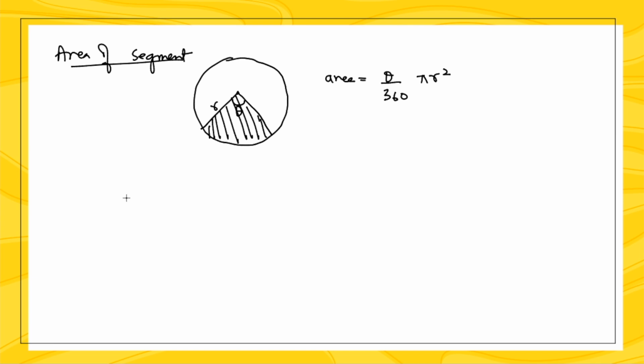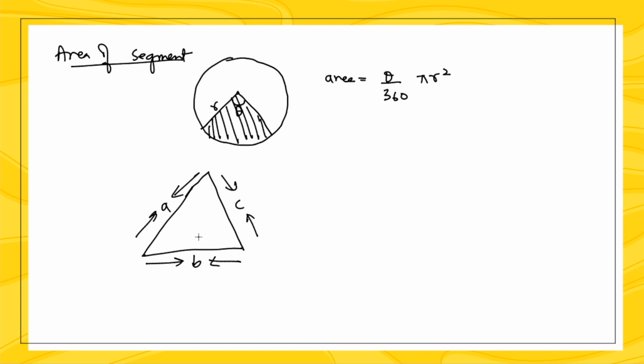Similarly, if you have a triangle whose height you don't know but you know the sides, and the triangle is not equilateral, say one side is a unit, the other side is b unit, and the other side is c unit long, and you want to find the area, the area will be given as under root s into s minus a, s minus b, s minus c.